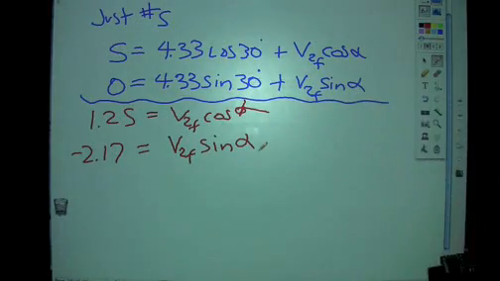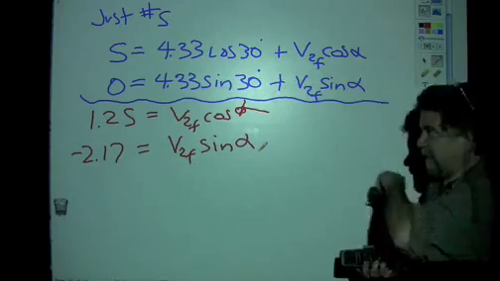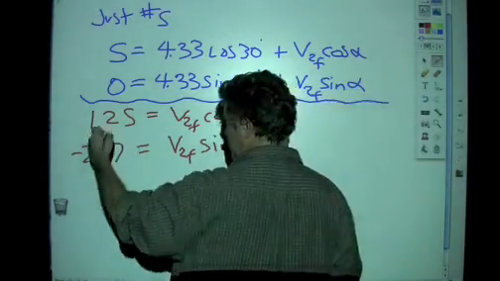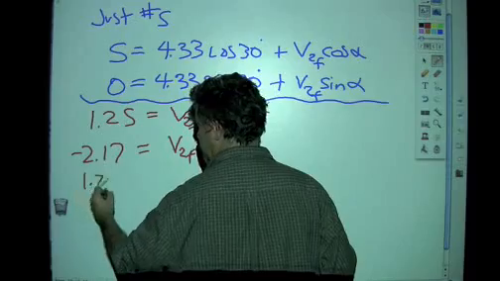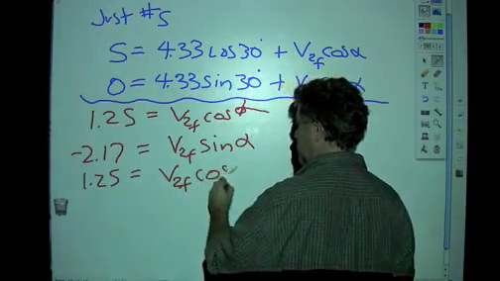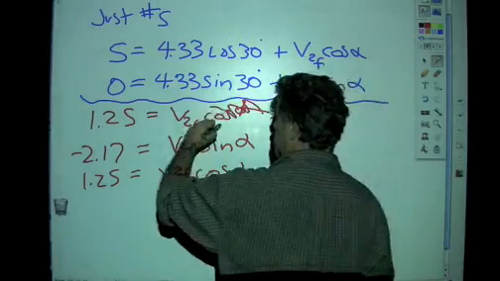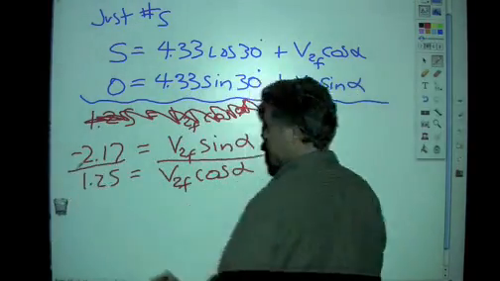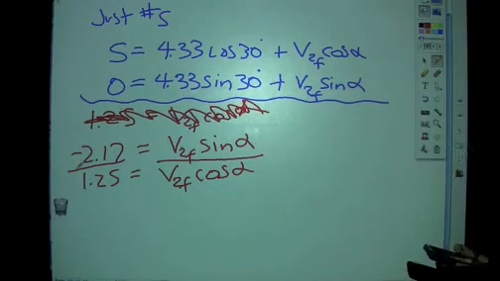Correct? Now what I can do is divide both sides. I'm going to write it this way, bring this down here, make it easier. 1.25 equals V2 final cosine alpha. Now I'm just going to divide this and divide that. That's legal as long as you're not dividing by 0.